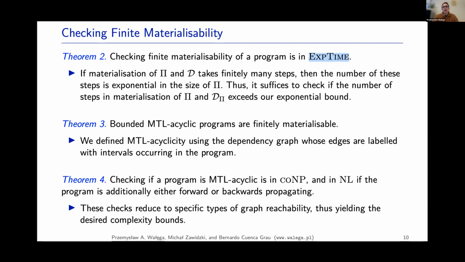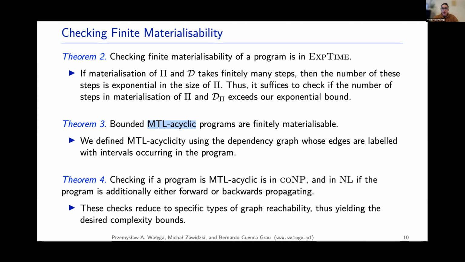But then we also showed that there is an interesting sufficient condition which can be checked much more easily. And for this, we defined MTL acyclic programs. For this, we constructed a dependency graph of a program, but now the edges of this graph are additionally labeled with intervals coming from the program operators.